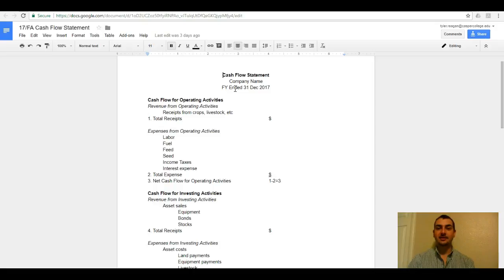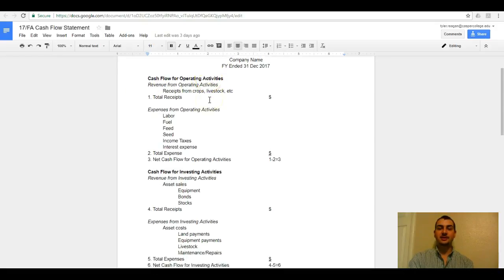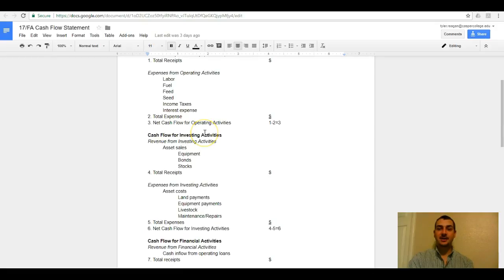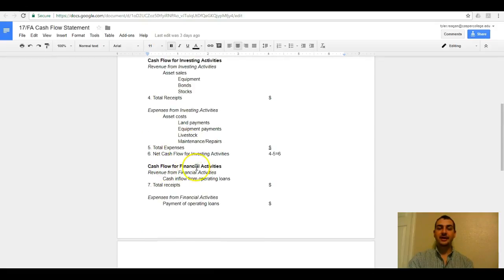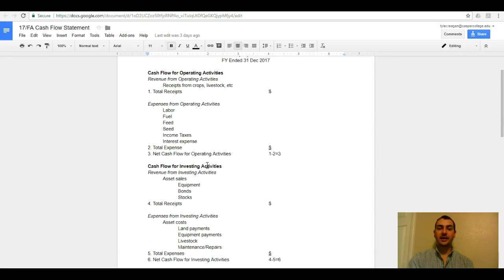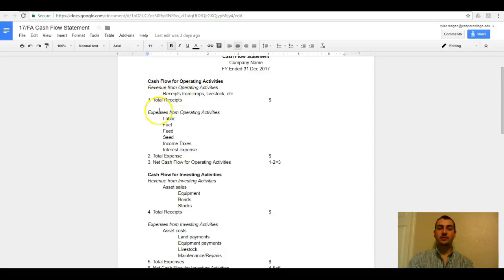Then the next thing we're going to put on there is cash flow from operating activities. What you'll notice is under cash flow from operating activities, investing activities, and financing activities, they will have a revenue and an expense side.